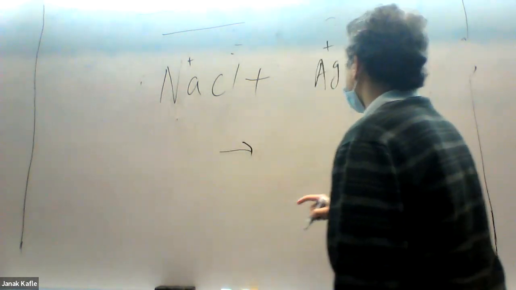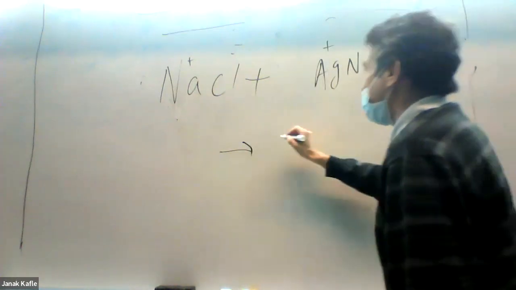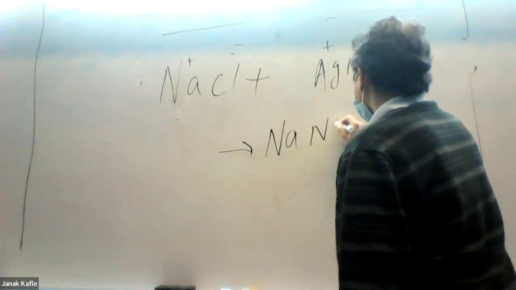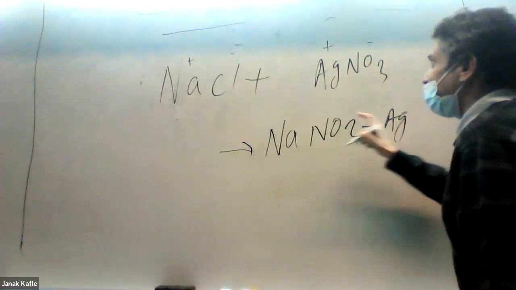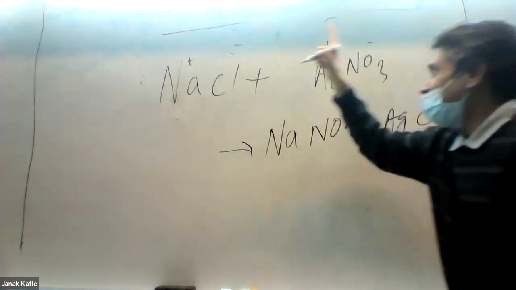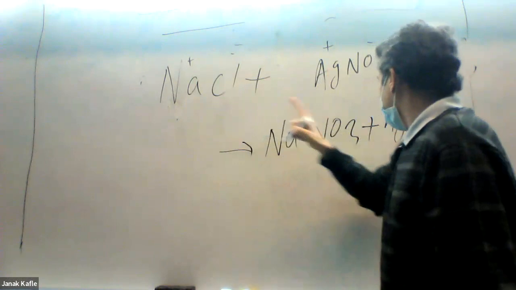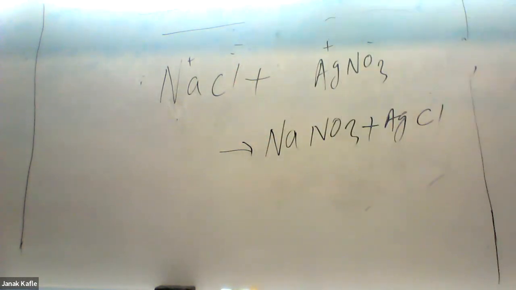Na is the first, NO3 is the second. So put this first guy with the second guy here. So Na, NO3, and then this first is Ag, and then this second goes here. So always we need to put the first in first, and the second in second, just like that. Everybody got that? Meaning that plus, we always write first, and then minus we write second.